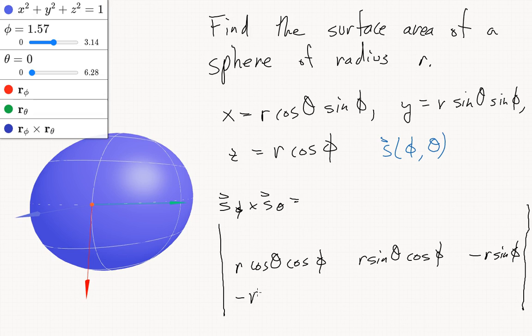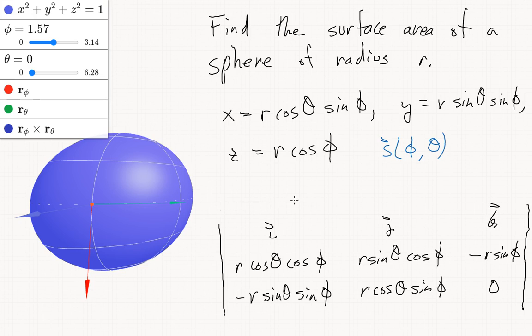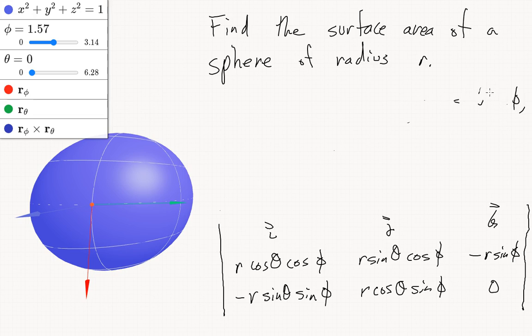And with theta, we'll get negative r sine theta sine phi, r cos theta sine phi, and then 0. Put i, j, k at the top. So now we evaluate this determinant.